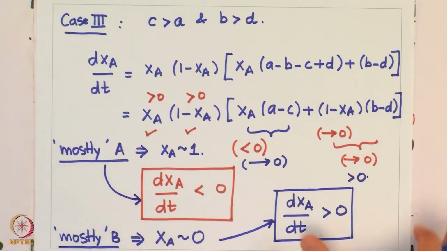What does that mean? What that means is, let us try to sketch this graphically. What the result that we have derived says is that when the system is in a state where it is mostly A's and very few B's, dx A by dt is less than 0, hence as t increases x A decreases.